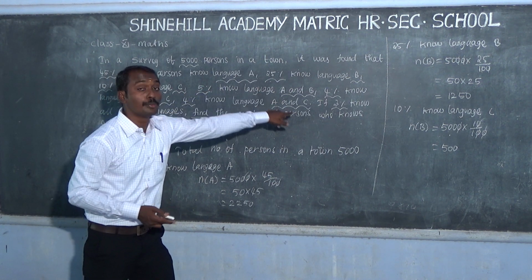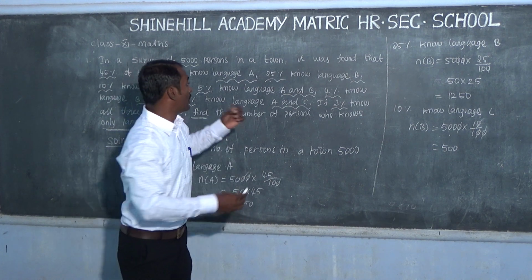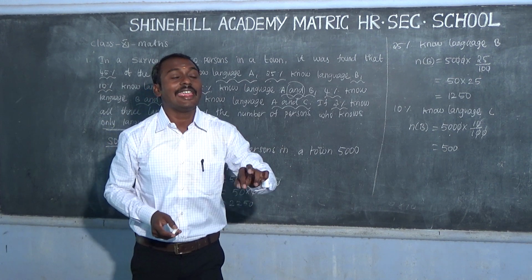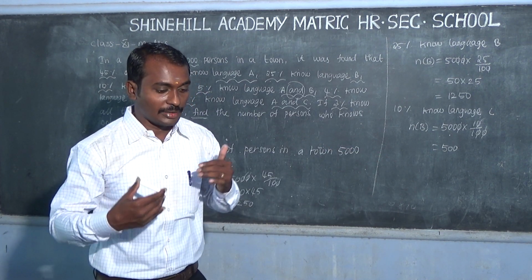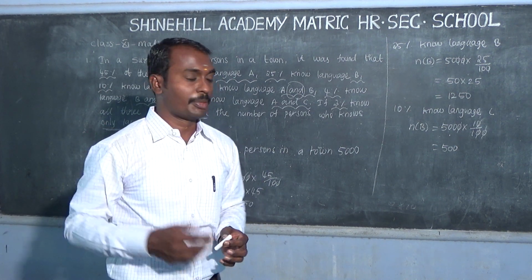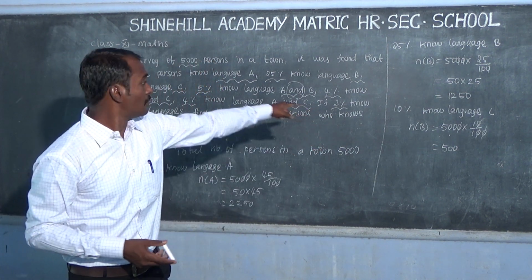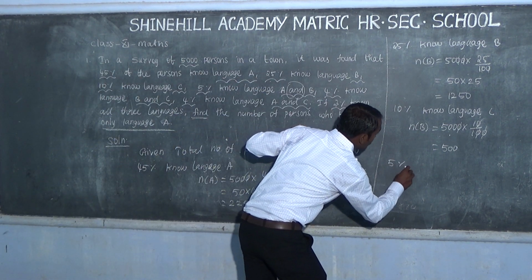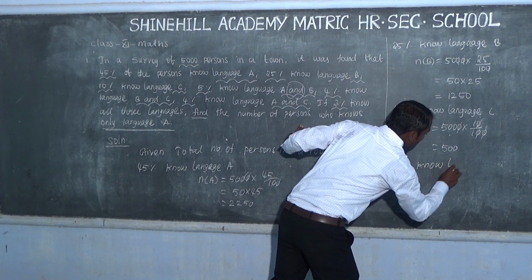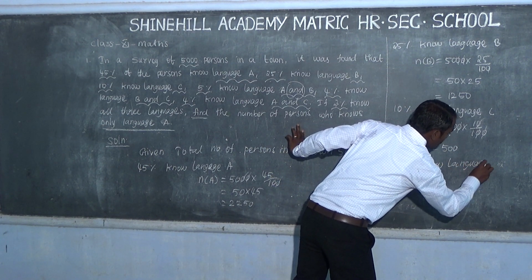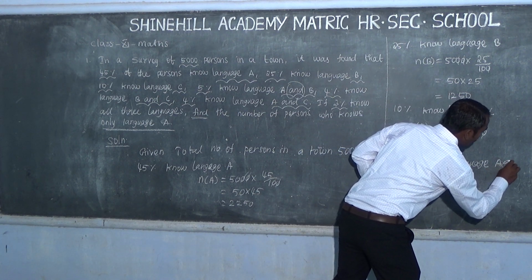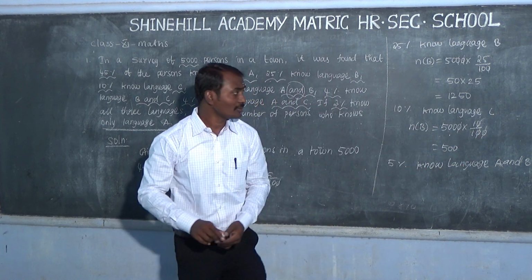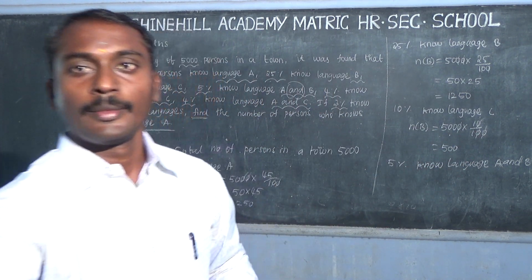Then what is the another value? 5% know both languages A and B. If the question says A and B, it means A intersection B, as we already learned in the previous class. So I write the value 5%.